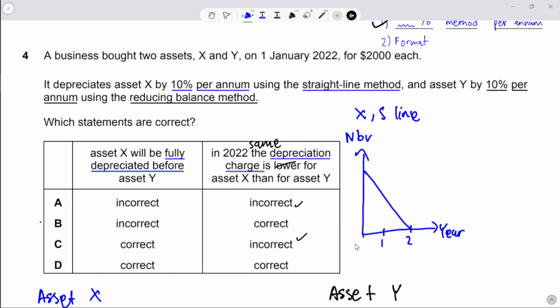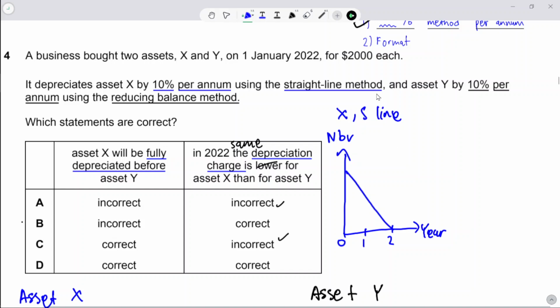So the gap between year 0 and year 1 will be the same as the gap between year 1 and year 2. Then for Y you are using reducing balance. So the net book value will be like that.